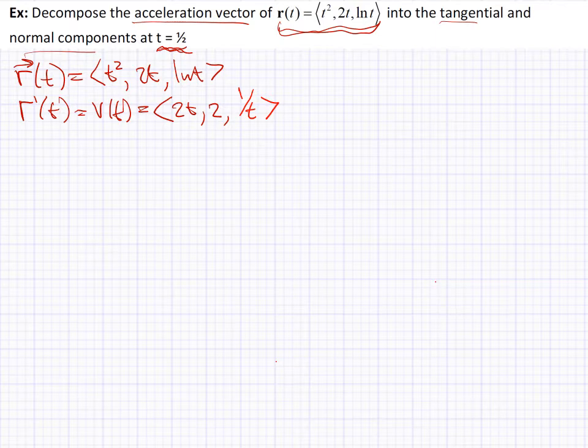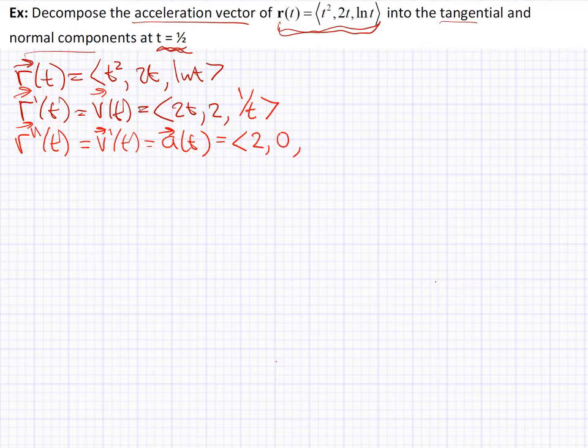Okay. And then we could find r double prime, which would be the derivative of our velocity, which is our acceleration, which again is pretty easy: 2, 0, and negative 1 over t squared.